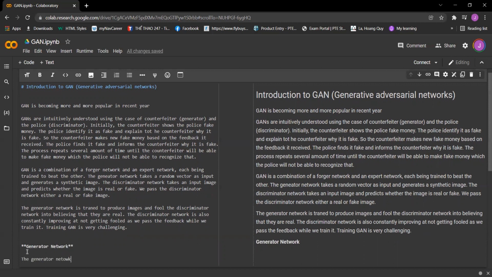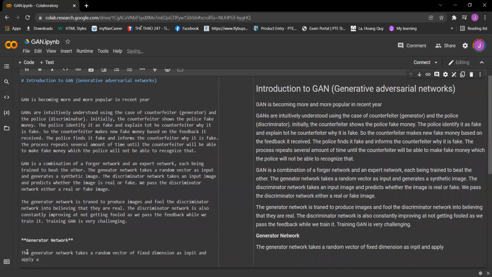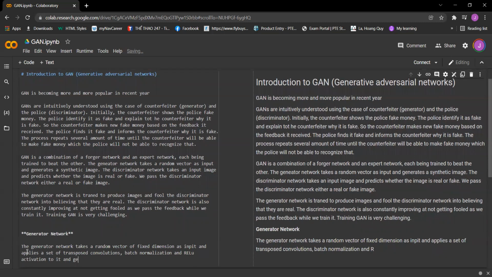The generator network takes a random vector of fixed dimension as input and applies a set of transpose convolution, batch normalization, and ReLU activation to it and generates an image of the required size.